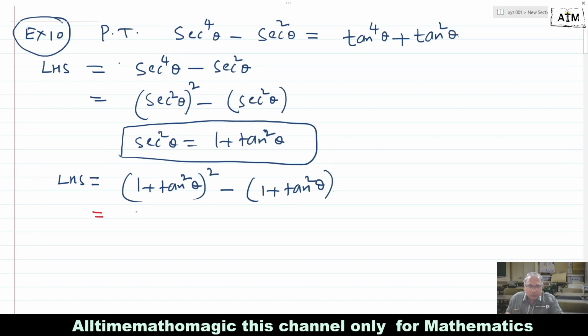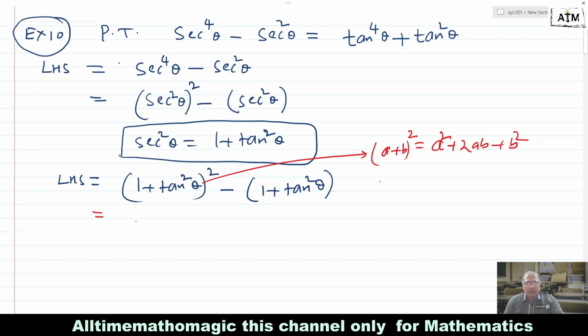Therefore, now opening the bracket here, again algebra I am using. A plus B whole square equals A square plus 2AB plus B square. Many students do not do trigonometry properly, they do not become master of trigonometry.